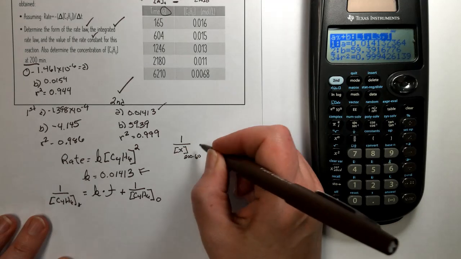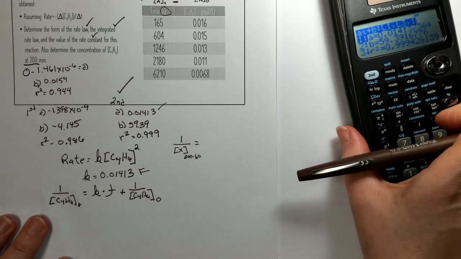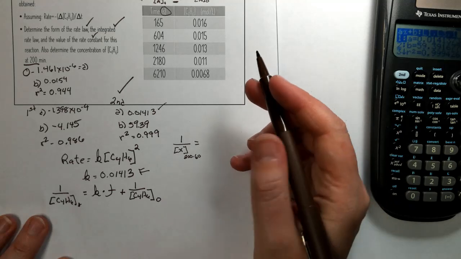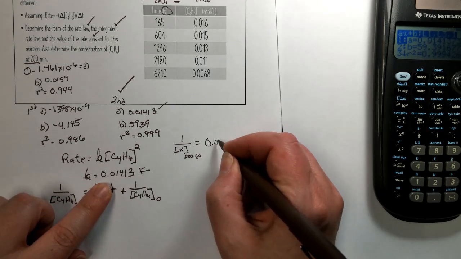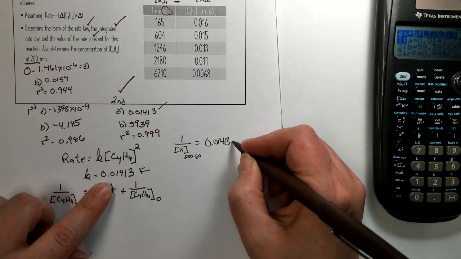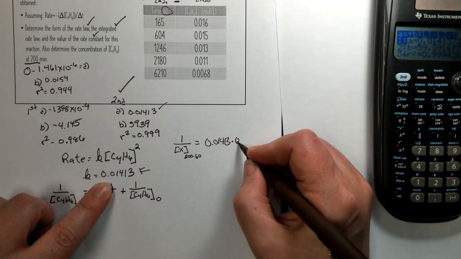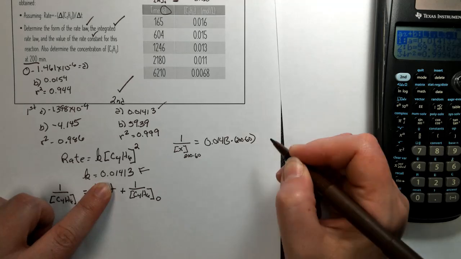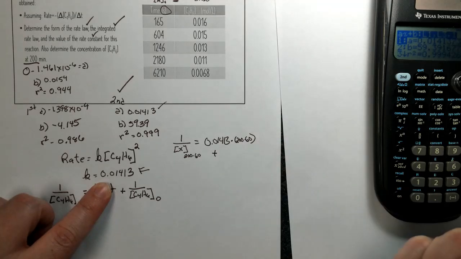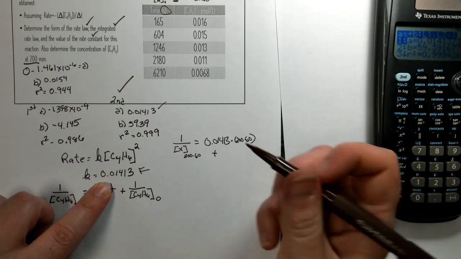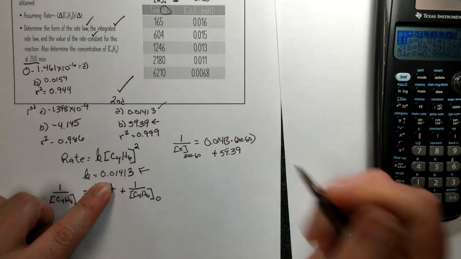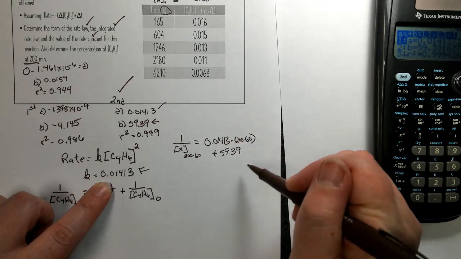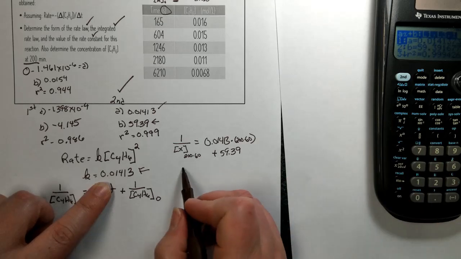So this is what we're after, is going to be equal to our K value, which is 0.01413, times our time, which in this case is 200 times 60, plus our y-intercept. And that y-intercept is this value right here, so 59.39.